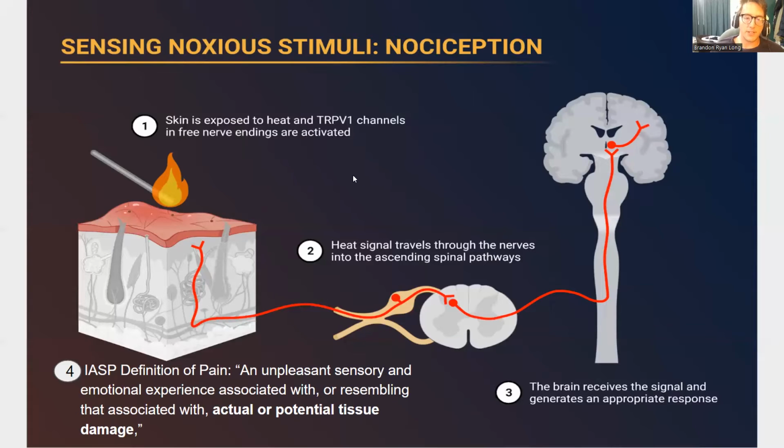It's an unpleasant sensory and emotional experience associated with or resembling that associated with actual or potential tissue damage. The actual or potential part is surprising to learn about pain, in that it's not always something that you usually associate with a painful event.